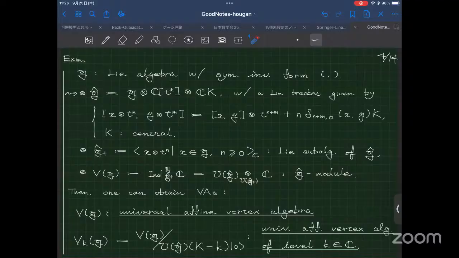Vg is itself a vertex algebra, the universal affine vertex algebra, and for any parameter k, we can consider its quotient vertex algebra. It is called the universal affine vertex algebra of level k.